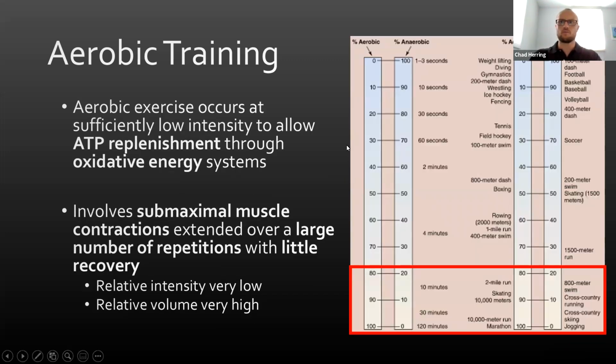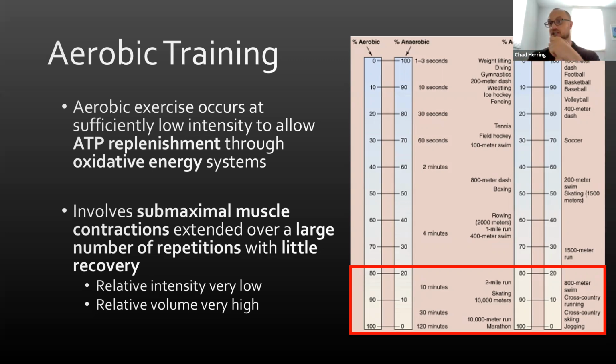But either way, regardless of which one it is, aerobic training occurs at low intensities, which basically gives us enough time to replenish ATP, adenosine triphosphate, through oxidative energy systems. And just to keep it simple, if you haven't taken physiology or exercise physiology, we basically have aerobic metabolism and anaerobic metabolism. The prefix "an" means without.